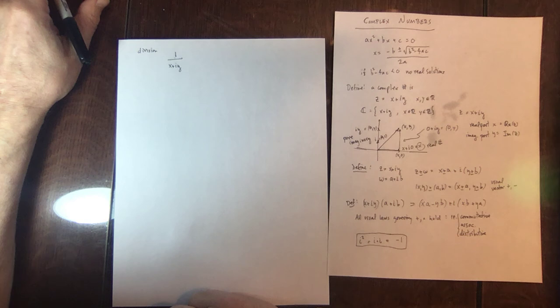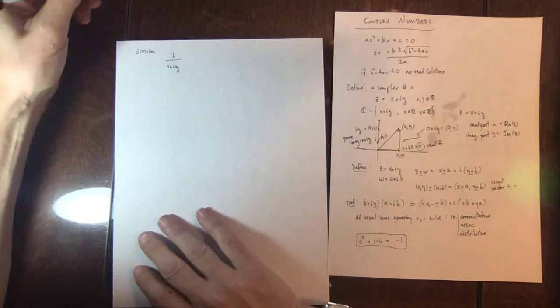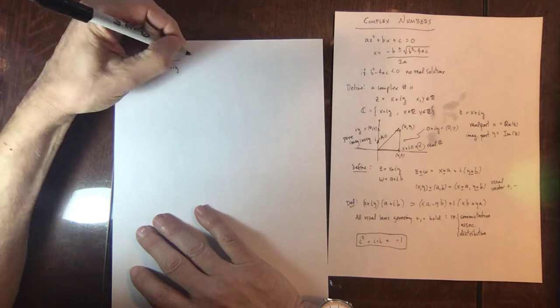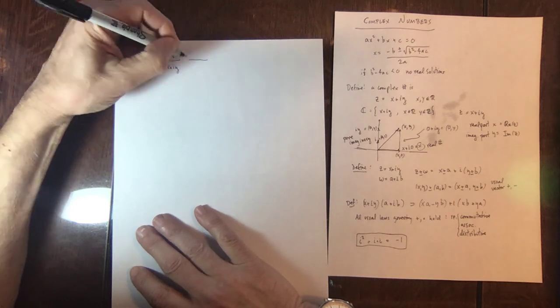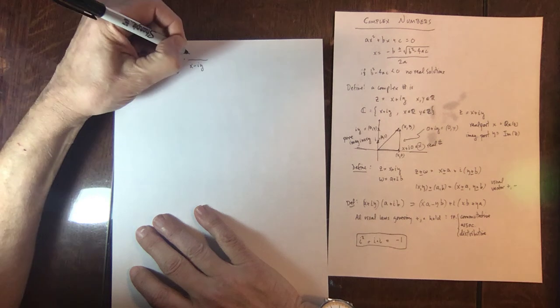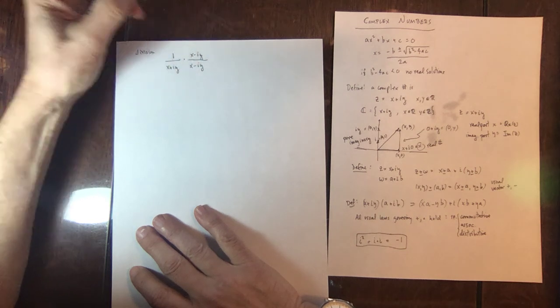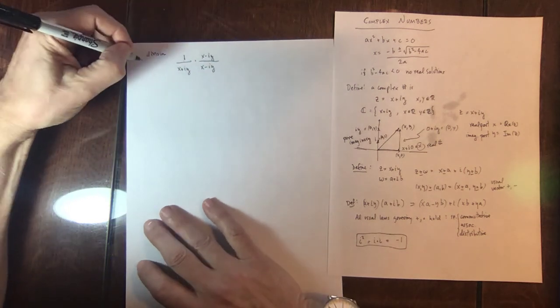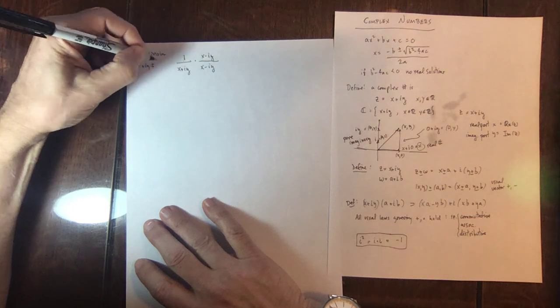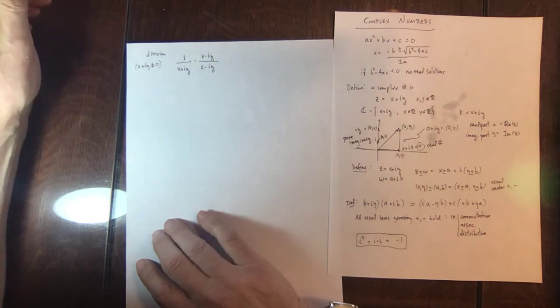And the way to figure out what it should be is to figure out what complex number this is. So the little trick here is you multiply top and bottom by x minus iy. Of course, we're assuming we don't divide by 0, so let's assume x plus iy is not 0.